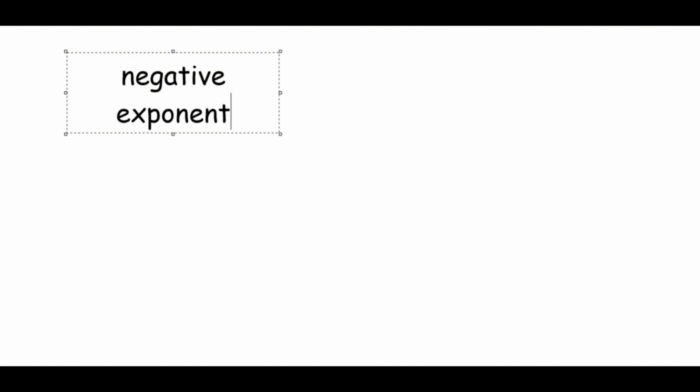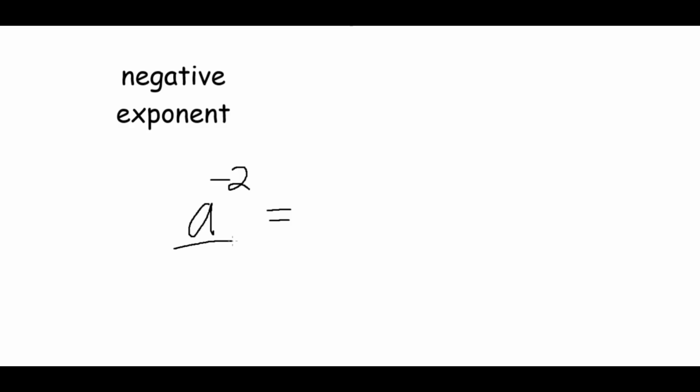For negative exponent, we'll have a to negative 2. Now a to negative 2, what is it equal to? Whenever we have a negative exponent, we'll put a in the denominator. So we'll turn it into 1 over a, and afterwards, as you can see, we have 2 here, and then we'll square it.